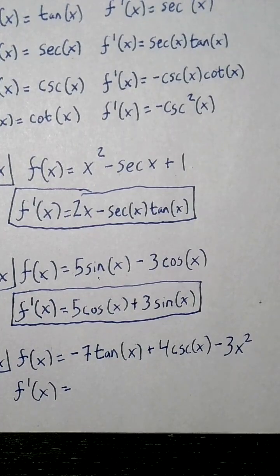Go ahead and give it a try. Brinzy says negative 7 secant squared of x minus 4 cosecant x cotangent x minus 6x, with a question mark.